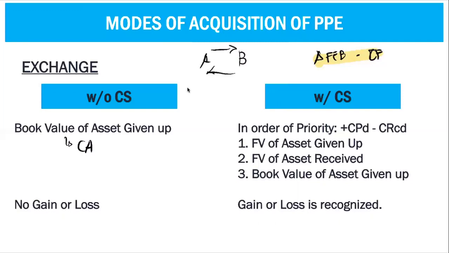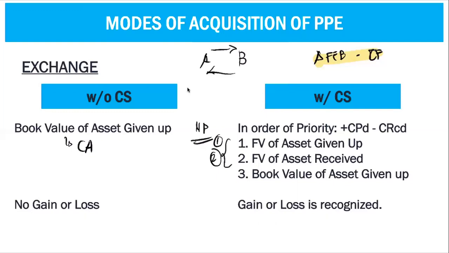If it is with commercial substance, particularly 1 and 2, fair value of asset given up and fair value of asset received. So we will measure our new property using fair value of asset given up or the fair value of asset received in order of priority. So in case we have your fair value of asset given up, yun yung uunahin natin.